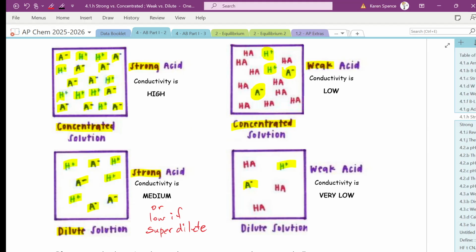So let us try our 1 molar HCl. Okay. Oh, it's a little yellow. I don't know why it's yellow.